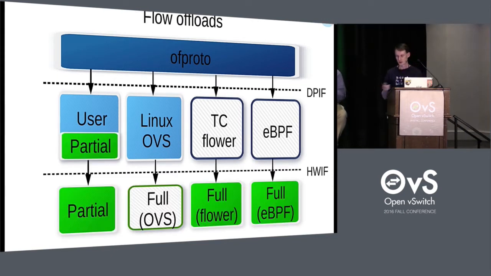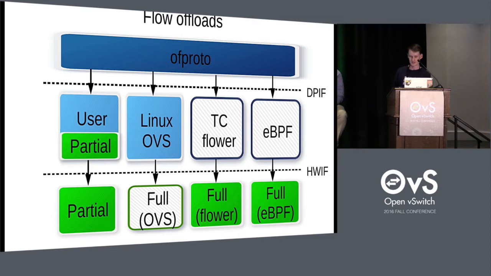So if you consider all the possible ways that we could be offloading the OVS functionality, there's a partial offload where maybe a hint is given. This could work with the user space data path or the Linux data path. Ethan will go over that in a bit more detail in a moment. You saw earlier the Netronome talk where they took the OVS Linux data path and transparently offloaded that to their NICs.